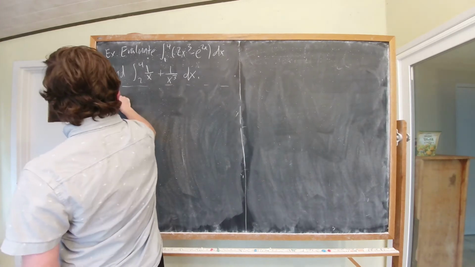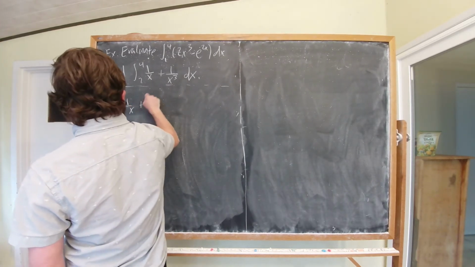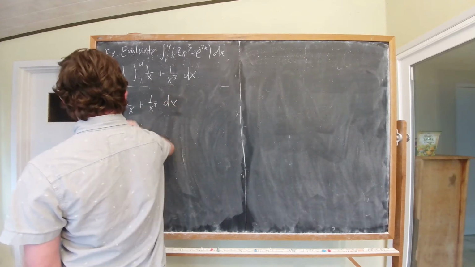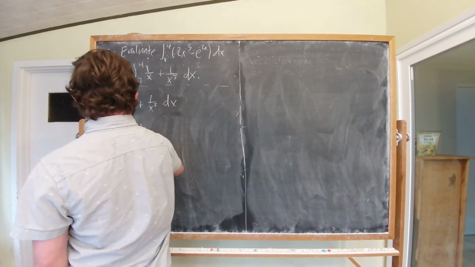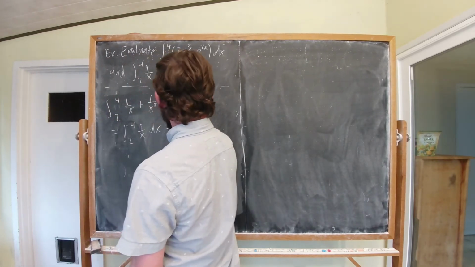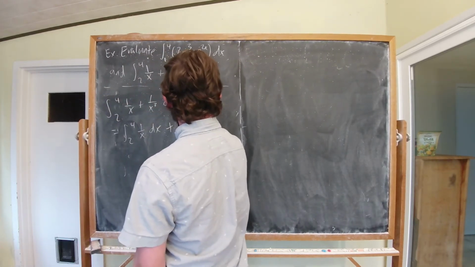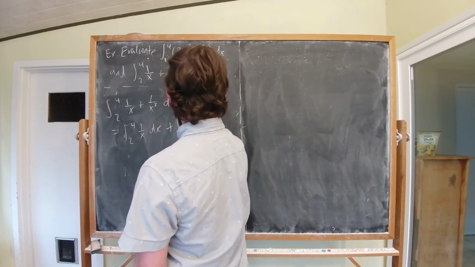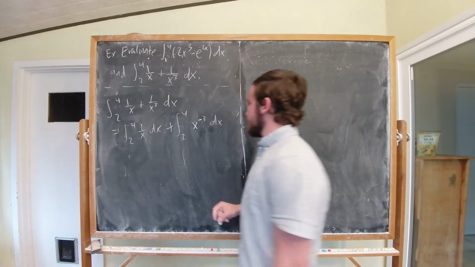The integral from 2 to 4 of 1 over x plus 1 over x cubed dx. Integral from 2 to 4 of 1 over x dx plus the integral from 2 to 4 of 1 over x cubed dx. Let's rewrite that real fast as x to the negative 3rd power.